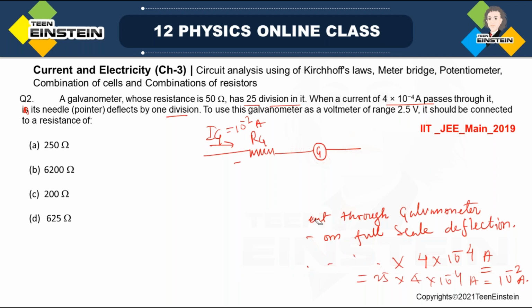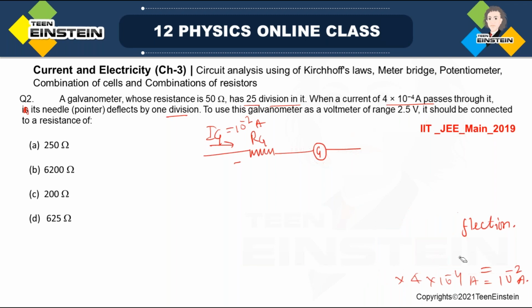Rg means the inbuilt galvanometer resistance. It is not from an outside source. It is the internal resistance of the galvanometer, given as 50 ohm.